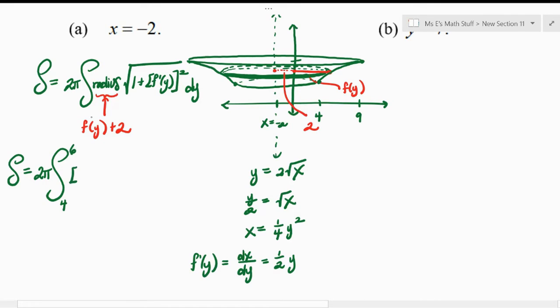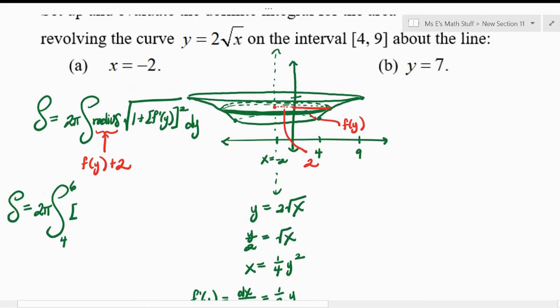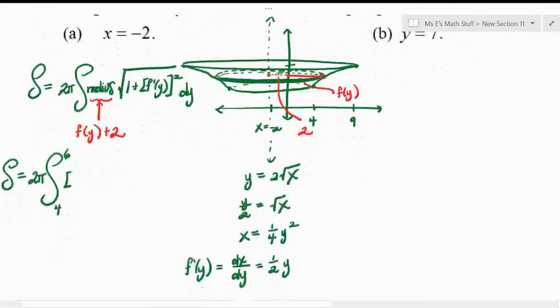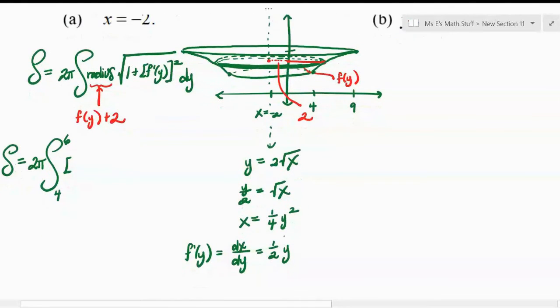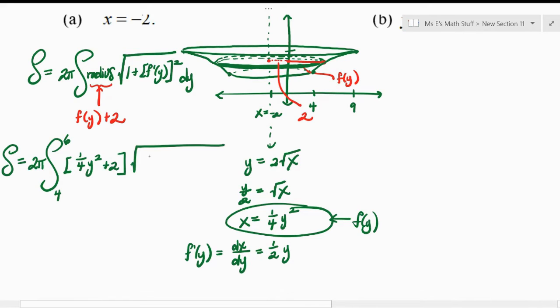For the radius, we would have the quantity f of y, which is right here, 1/4 y squared plus 2 for the radius. Then we'd have the square root of 1 plus, we figured out f prime of y, that's right here, so we'd have 1/2 y squared dy.